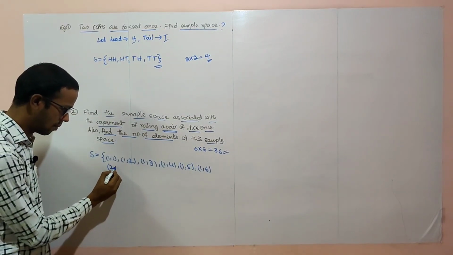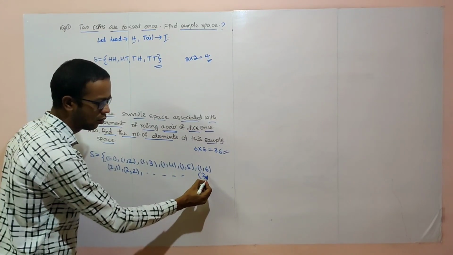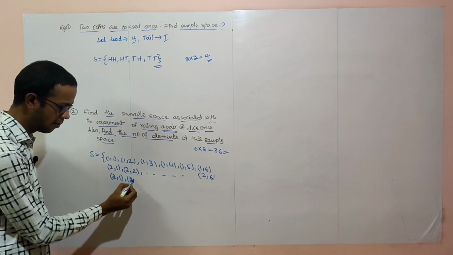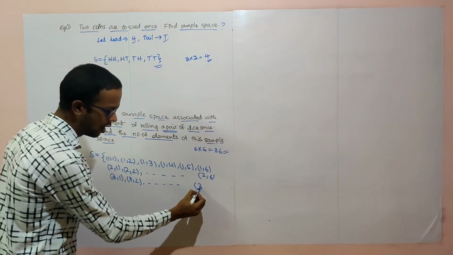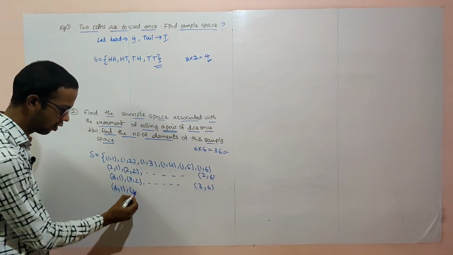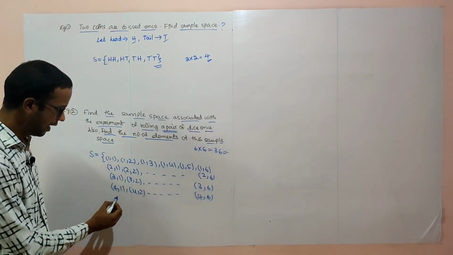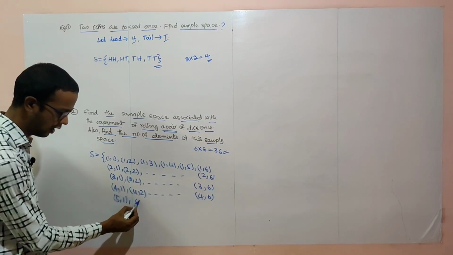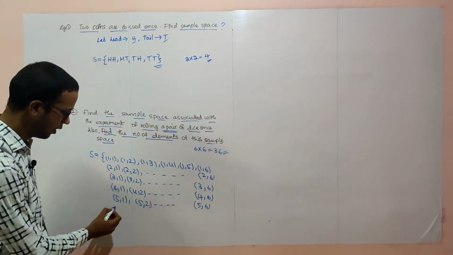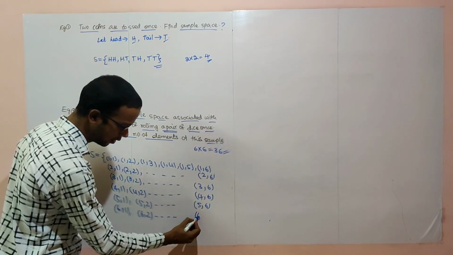Next (2,1) chance is there, (2,2), up to and so on (2,6). Next in a similar way (3,1), (3,2), (3,6). (4,1), (4,2), and so on (4,6). Next one (5,1), (5,2) and so on (5,6). (6,1), (6,2) and so on (6,6).